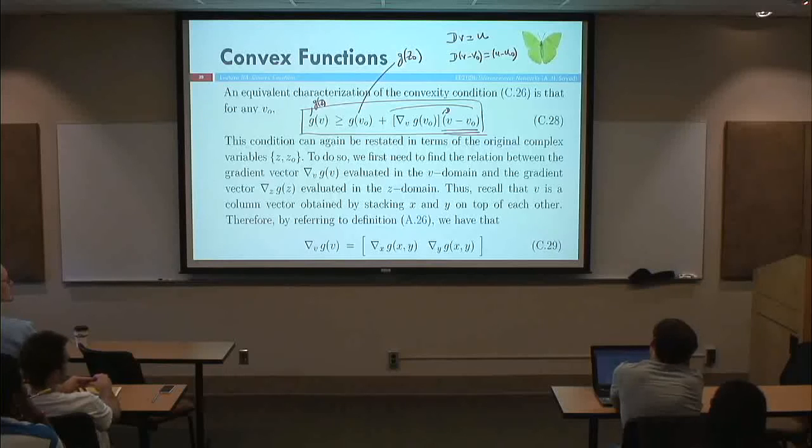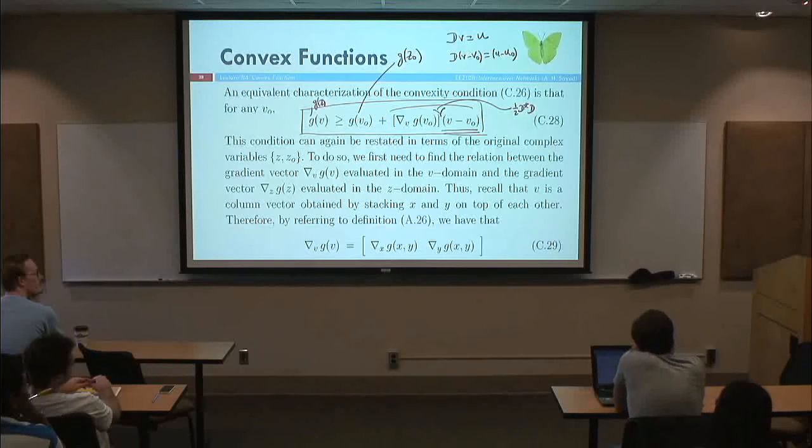The inverse of D is 1/2 D star, because D star D is 2. So here, I'm going to insert 1/2 D star D. Fine so far? Then D times V minus V0 becomes U minus U0, very good, which is still not Z. It has Z in it, but okay.